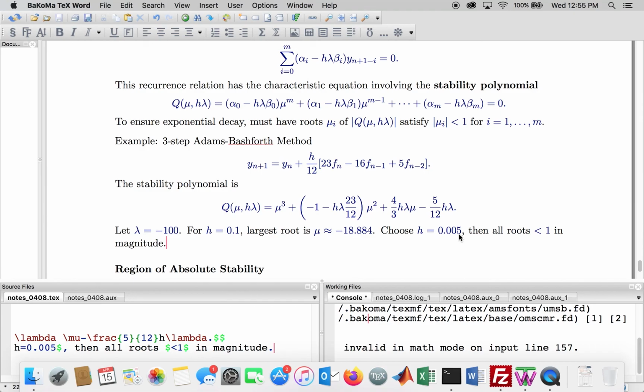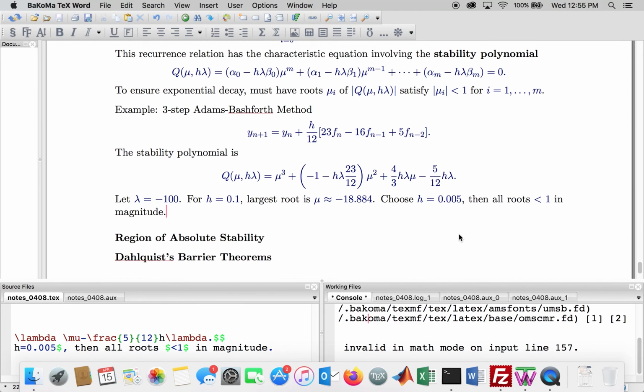So if you choose a larger lambda in absolute value, you must choose a smaller h to compensate. All right.